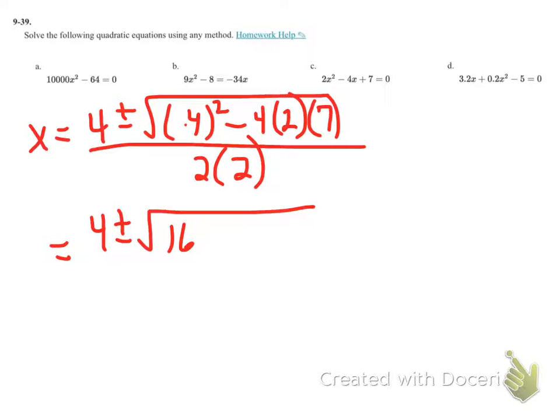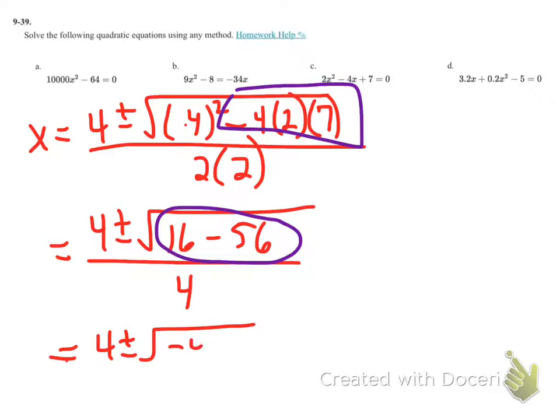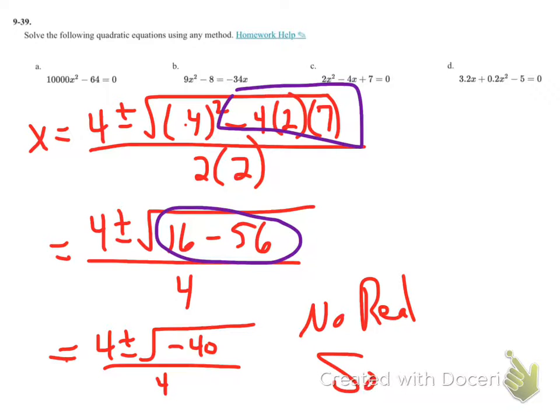And then this part right here, negative 4 times 2 times 7, is going to be a negative 56, all over 4. You may or may not start noticing a problem right now. When I simplify underneath here, I get 4 plus or minus the square root of negative 40 over 4. Square root of a negative number, this has no real solution.